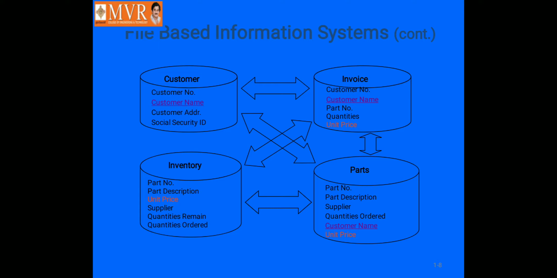If you change one place, then automatically the remaining places will be changed. That is called an interrelation between the tables.